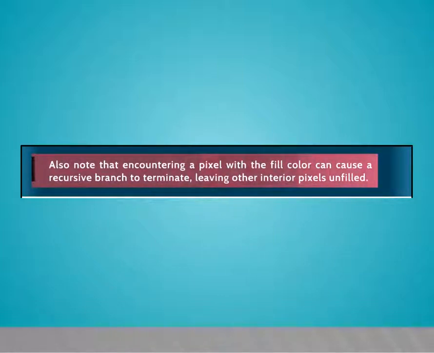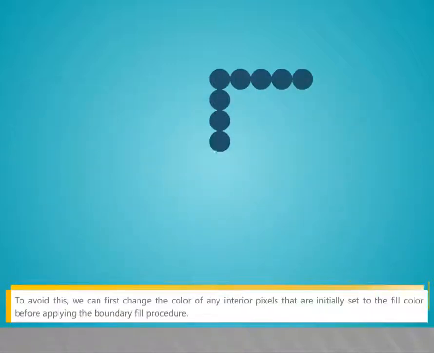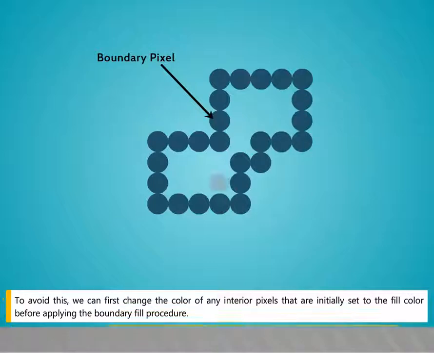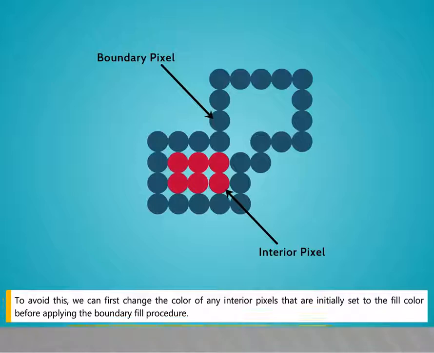Also note that encountering a pixel with the fill color can cause a recursive branch to terminate, leaving other interior pixels unfilled. To avoid this, we can first change the color of any interior pixels that are initially set to the fill color before applying the boundary fill procedure.